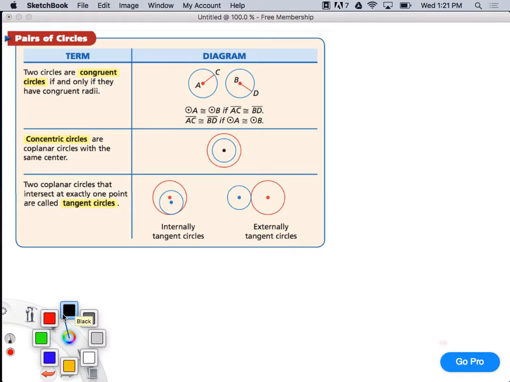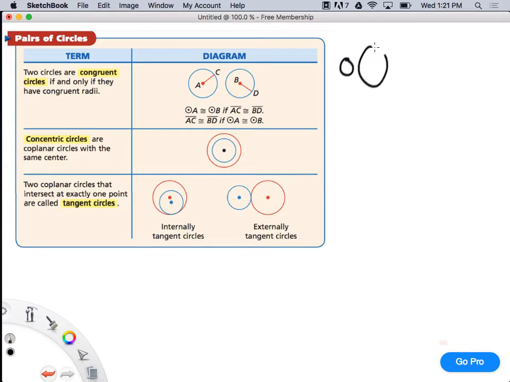These two circles here, are they congruent? No, they are not congruent. These two circles here, are they congruent? Yes. They're not exact, but you get the idea. They're the same size. So congruent circles is easy because it's the same size.